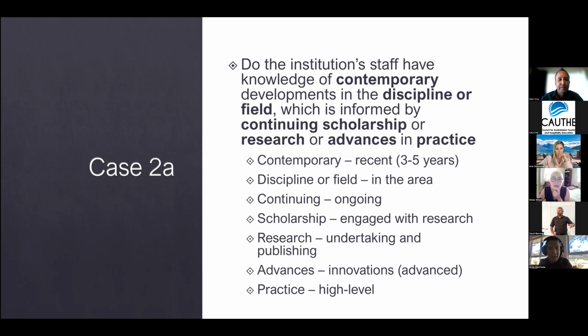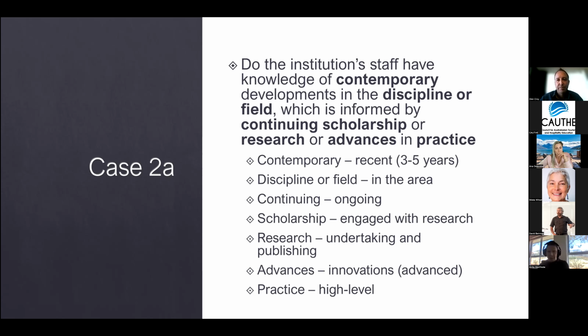Hi, Glenn. We didn't go into details like group 1 did, but as you were saying, we looked at whether each one of them would meet at least one of continuous scholarship, research, or advancing practice. Then we identified that F, which is, I believe, a casual lecturer and tutor, is possibly the one that is not meeting the requirements at this stage, being that they've published research more than 10 years ago.